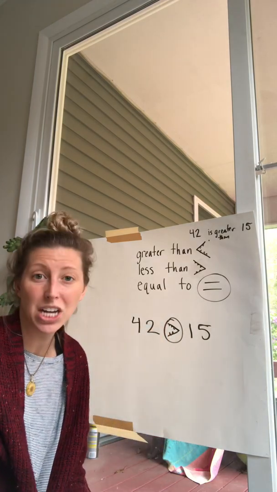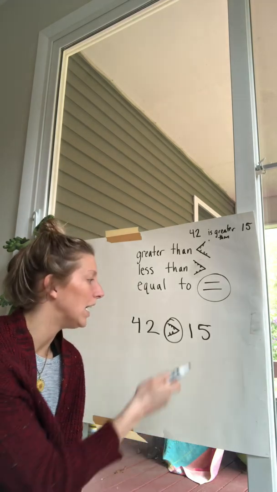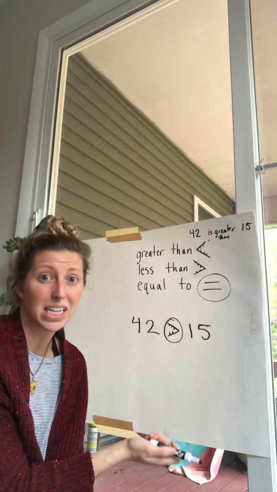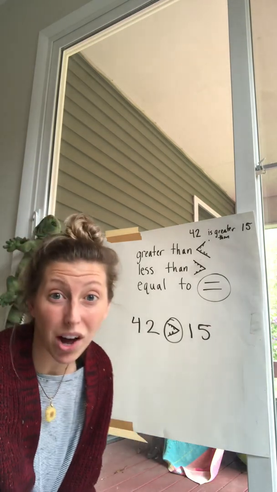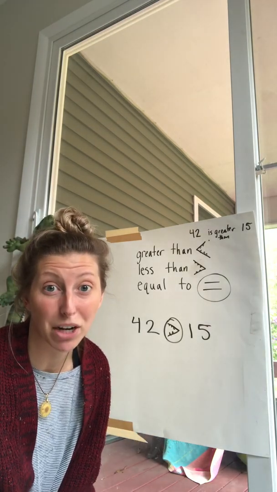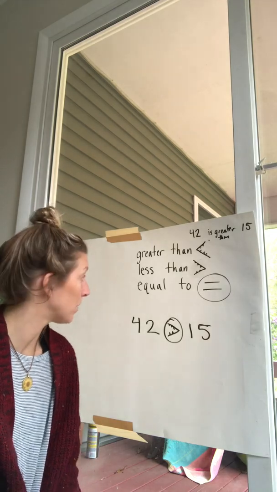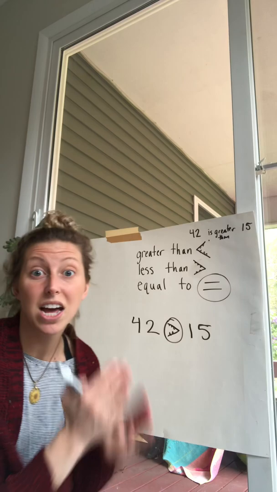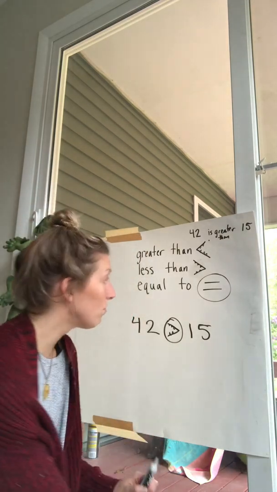Just imagine those like fish, right? If the alligator had the choice between eating 42 fish and 15 fish, he's going to pick the bigger number of fish because he's so hungry. So always, the alligator eats the bigger number, okay?